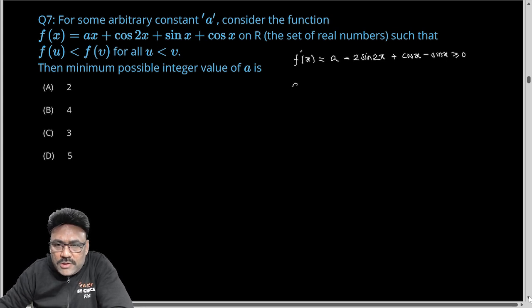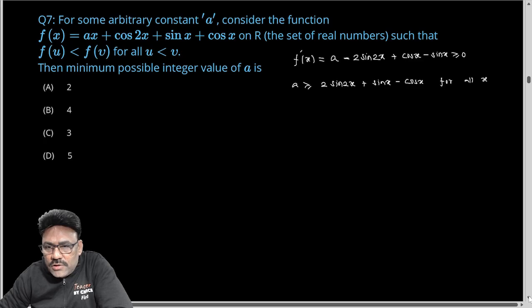So from here you are getting a greater than or equal to 2 sin 2x plus sin x minus cos x. And this should be true for all x. And a is greater than or equal to this. So therefore, a must be greater than or equal to the maximum value of this function.